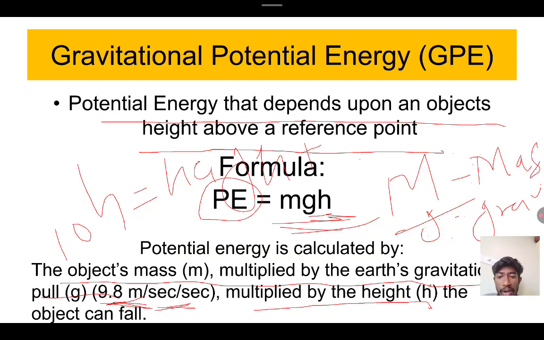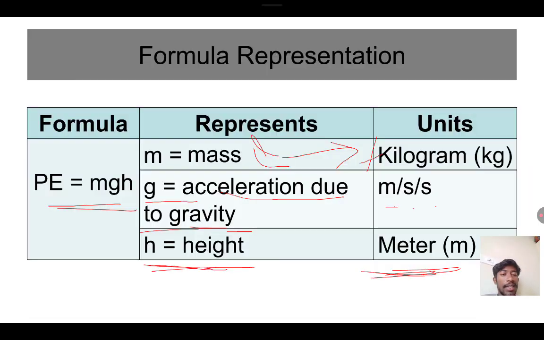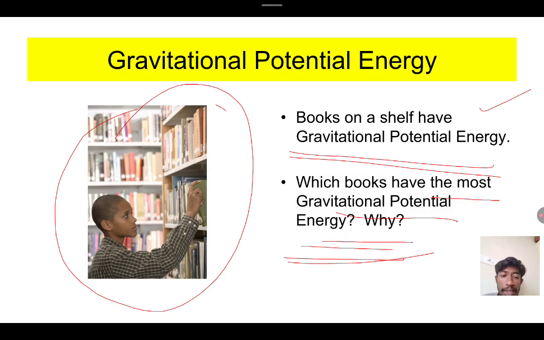As we already know, it depends on mass and height. So the book whose mass and height are the most will have the highest gravitational potential energy.